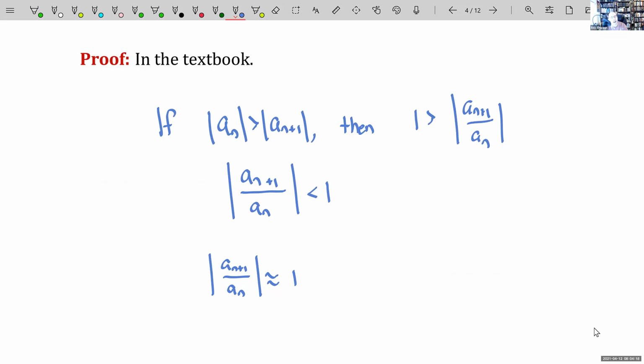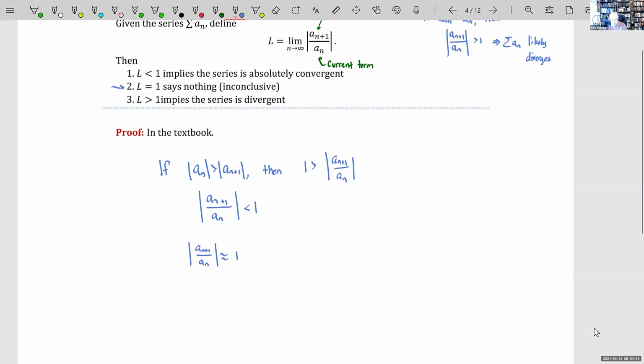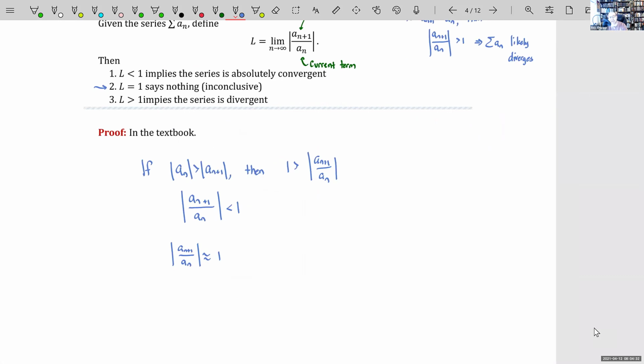Or if you're adding 1/5, but the next one's slightly less, but not very much less, like when you're summing up 1 over n, that could converge, just depends. So if that ratio tends to 1, we can't say anything because we don't know how fast it is approaching 1. Is it approaching 1 quickly or is it approaching 1 slowly? We don't know.